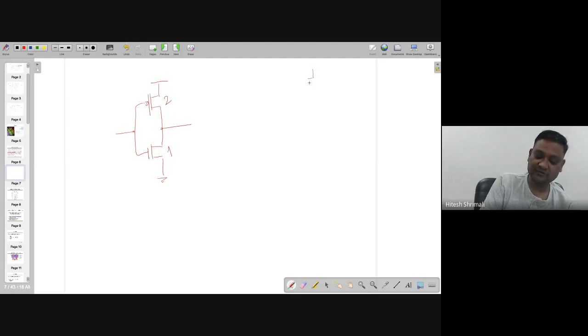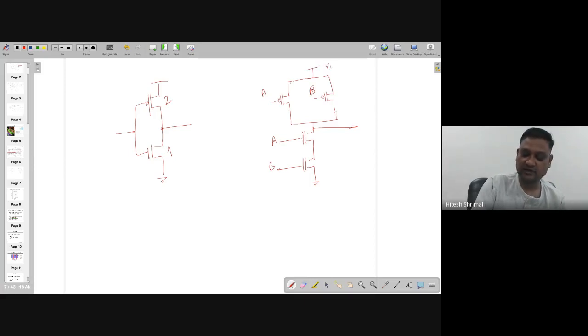Let's assume that I want to make a NAND gate, with inputs A and B, connected to VDD. If I want to find the values of W by L, the PMOS transistors are in parallel, so each has to be 2.